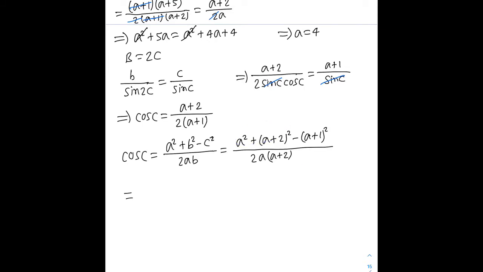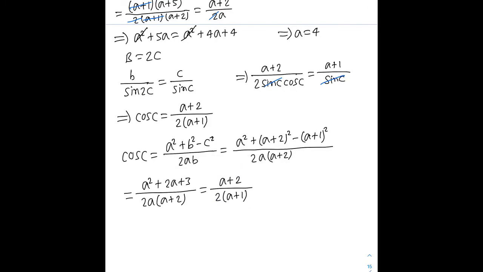When you simplify, you will get a square, then 2a, and 3. If you simplify the denominator, you will get 2a into a plus 2. Then you equate both the values of cos C which you have got.